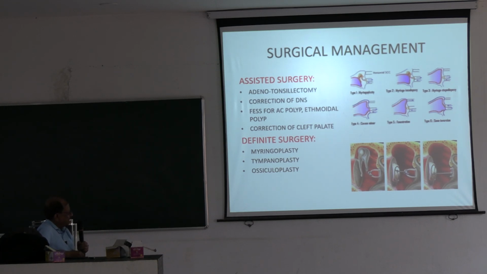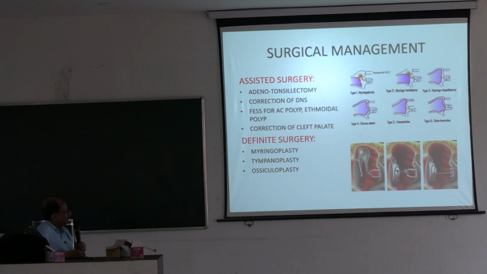The definitive surgery, main aim is correction of the tympanic membrane defect and correction of the sound conduction system by tympanoplasty and ossiculoplasty. This is 6 types of tympanoplasty. This is type 1. This blue area is the external auditory canal.